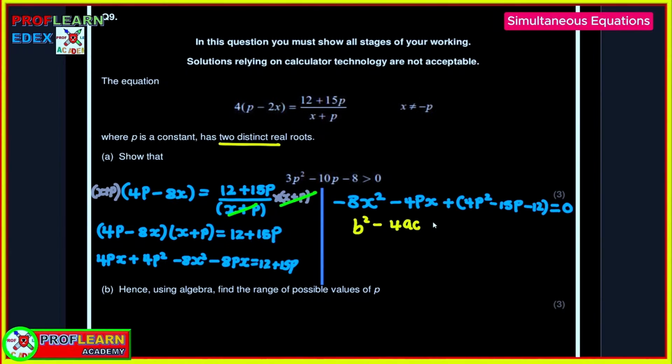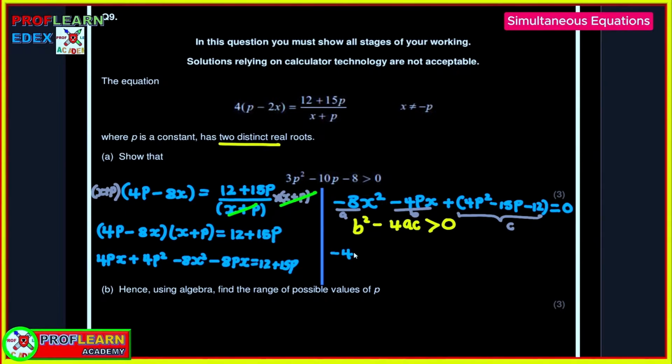So the discriminant must be greater than 0 because we were told that it has two distinct real roots.